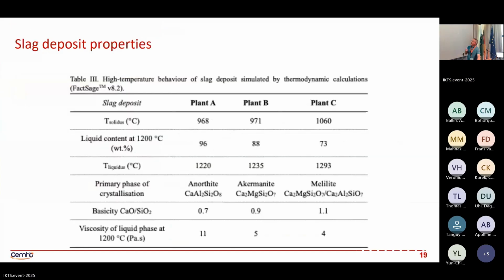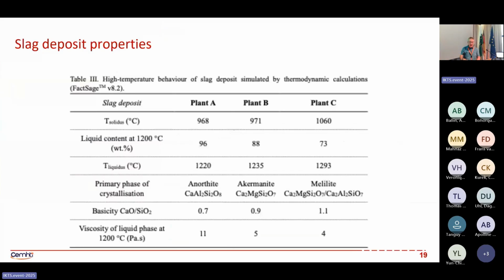The properties of this deposit or slag: of course, with the same composition, we can expect some similar properties. The solidus, the liquidus, the primary phase of crystallization during the cooling, the basicity, as I mentioned, and the viscosity of liquid phase.